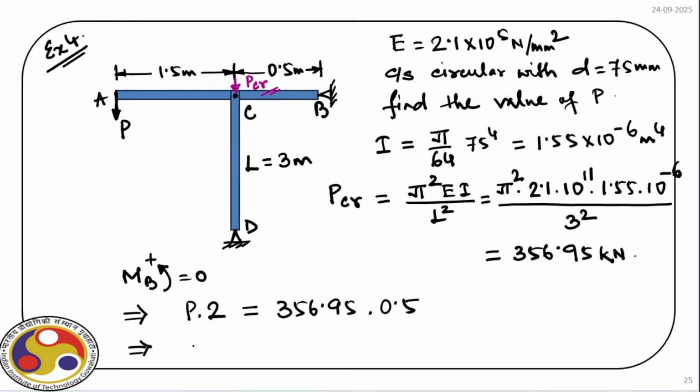So from this we can find out what P is. P is equal to 89.24 kilonewton.